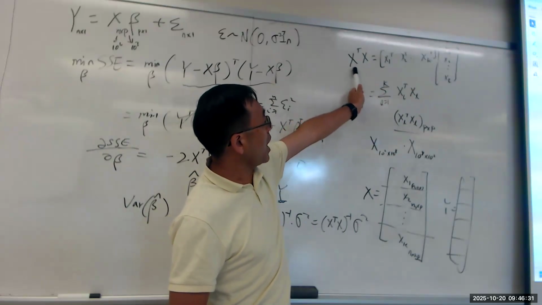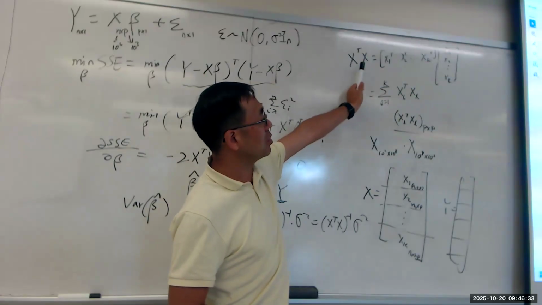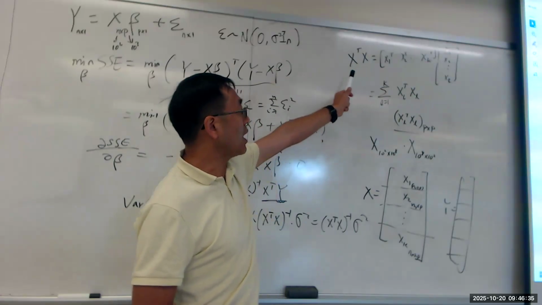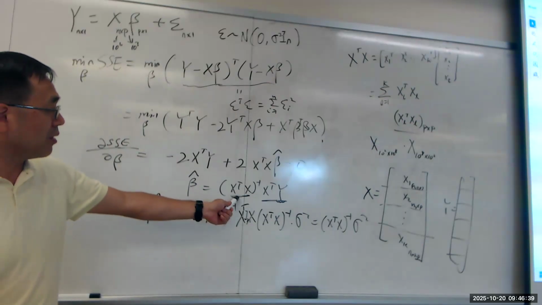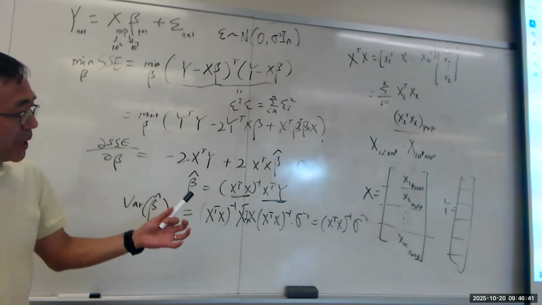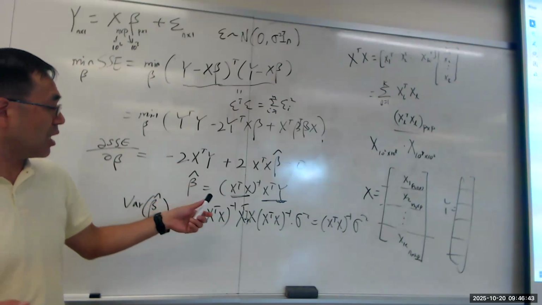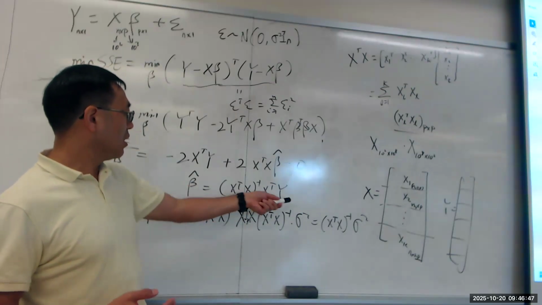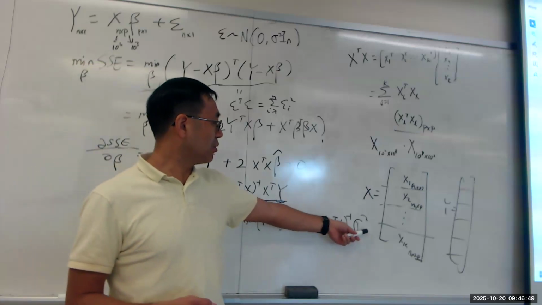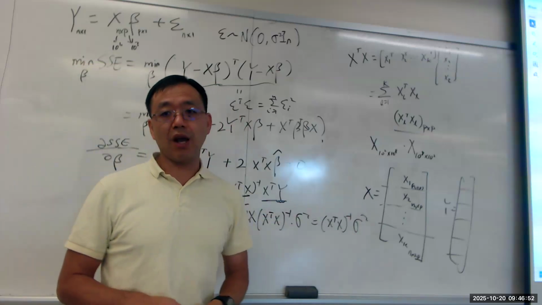Then you can do X transpose X, and you can also do X transpose Y. Once you have that, you just plug it into this formula, hopefully your P is not that large, and you can still handle it within your computer. Then you would have the estimation for beta, and also the variance for beta.